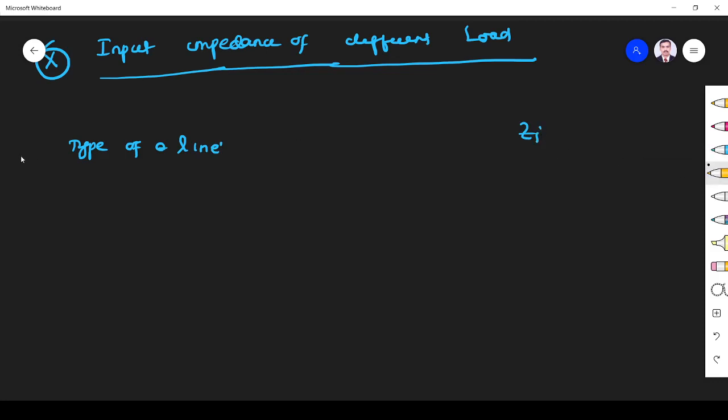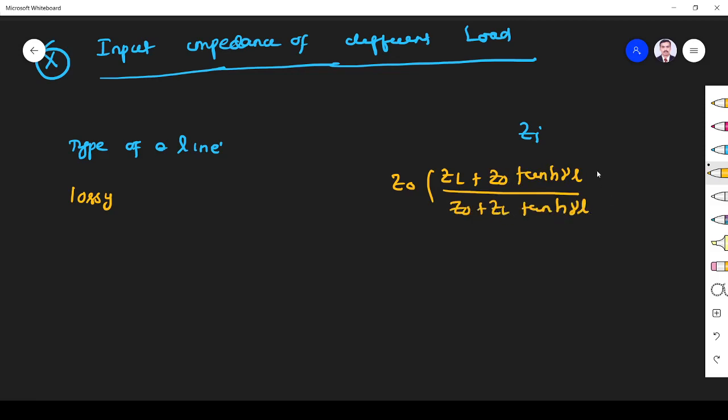So first one, lossy line. For lossy line, input impedance is Z0 times (ZL plus Z0 tanh gamma L) divided by (Z0 plus ZL tanh gamma L). This is the input impedance of lossy line, right?